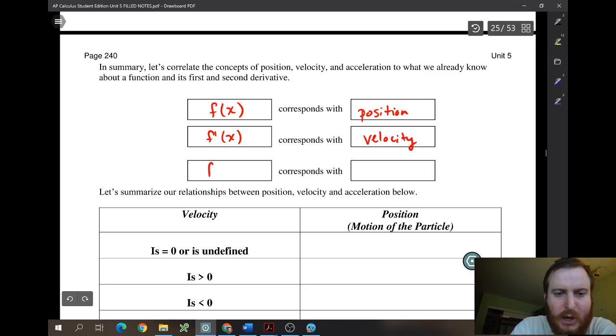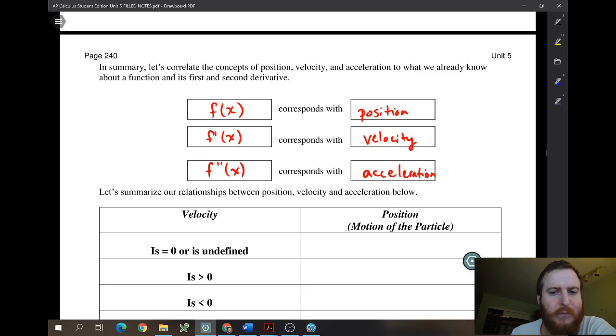And then f double prime of x, our second derivative, corresponds with our acceleration. And so eventually we will make some connections with these, right? If we have a graph of the position, that means increasing and decreasing, the derivative, would be the velocity. And concave up and concave down, the second derivative, would match up with the acceleration.